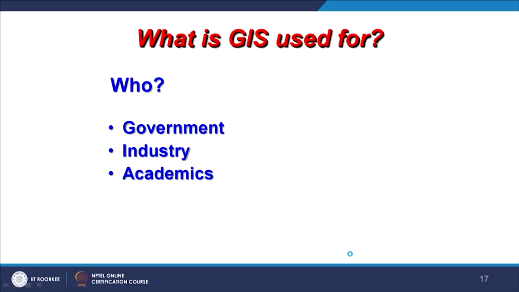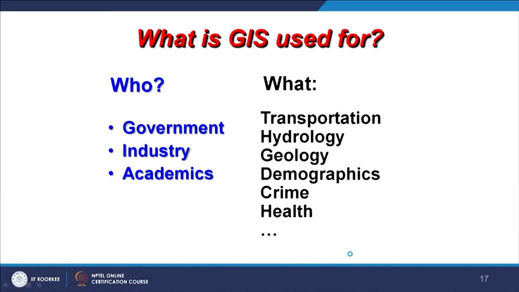Now, who are the users of GIS? Some we have discussed, but in a more systematic manner. Governments, state, central or federal, are using GIS, industries are using GIS, and of course academicians are also using GIS. For what purpose? They are using GIS for transportation. I gave the example of taxi fleets.